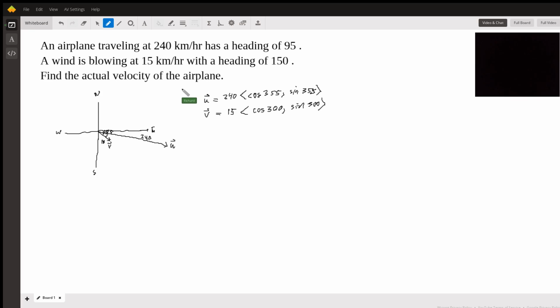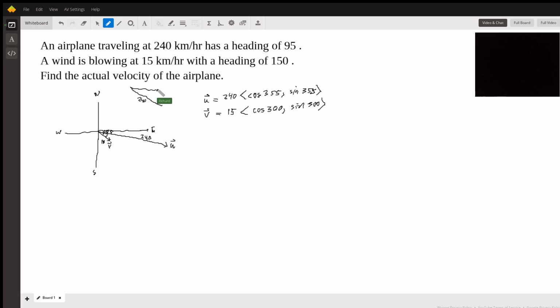You might be wondering where the component form comes from, and it's really just coming from SOHCAHTOA, believe it or not. If you just think about the vector for the airplane, this is 240 here.